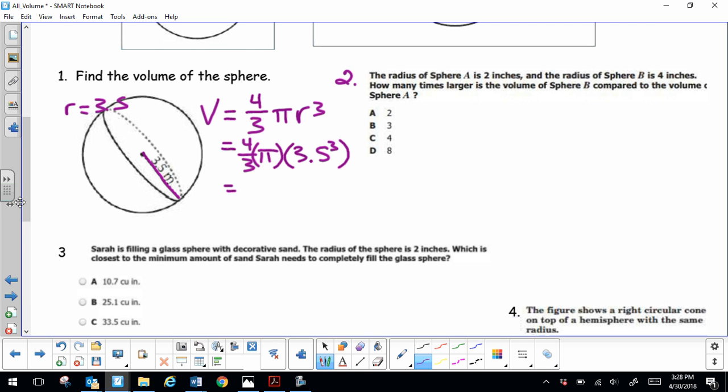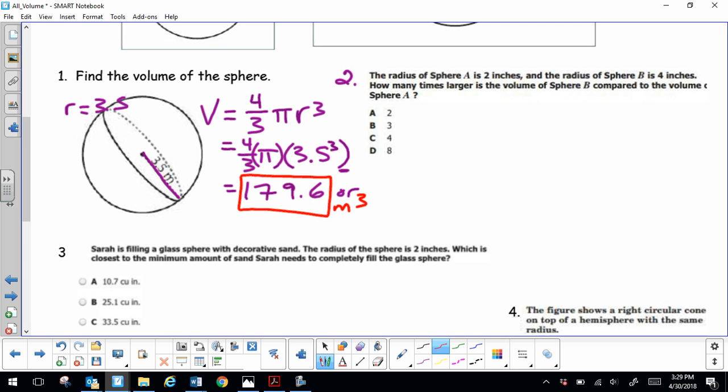You need a right arrow over so you can get out and put your final parenthesis on the end. And when you do that, you end up with 179.6, or in terms of pi, well, it's not going to be pretty, so I would just probably leave it like that. I end up with a decimal when I do that. So we'll just leave it right there, and that would be meters cubed.